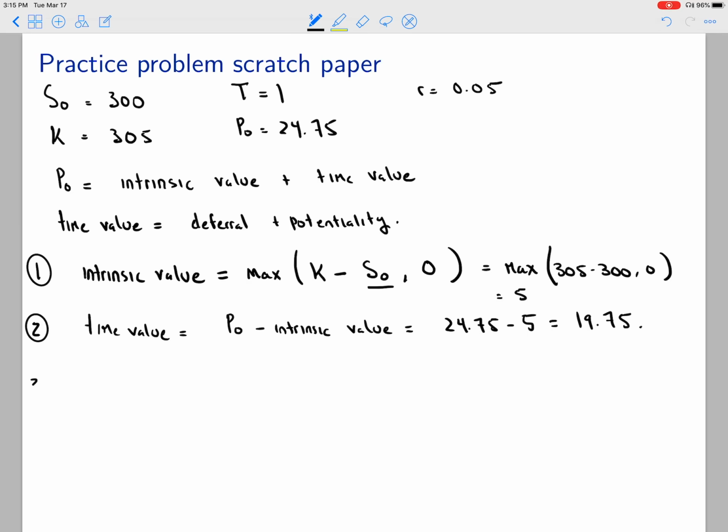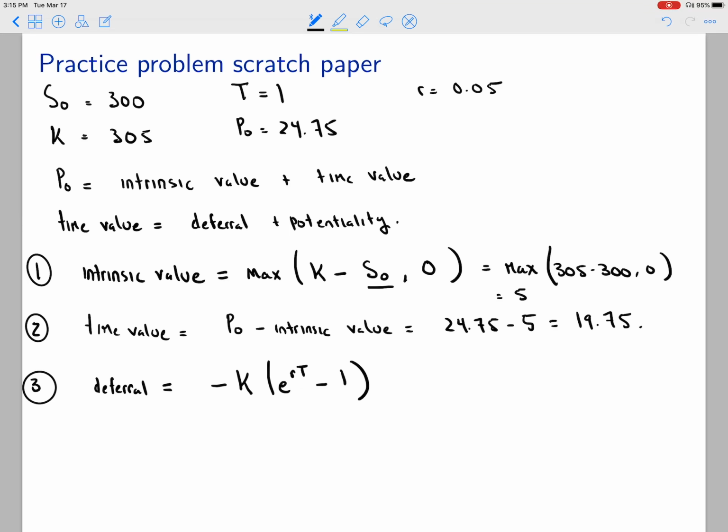Now in part 3, we want to break down time value into its two components. Time value equals deferral plus potentiality. Start with deferral. Remember, deferral is always bad for a put option because you're delaying receipt of payments. The formula is minus the strike multiplied by the interest adjustment factor.